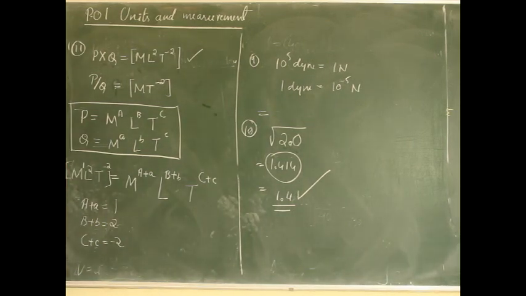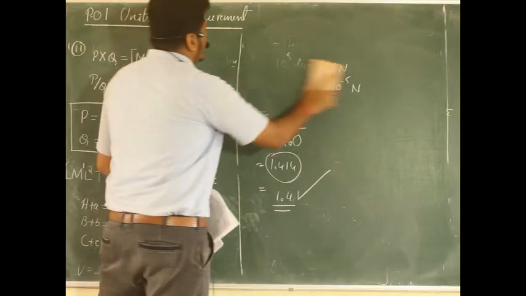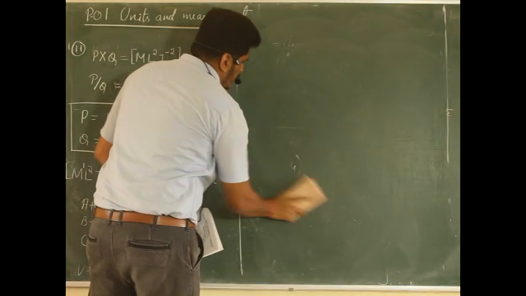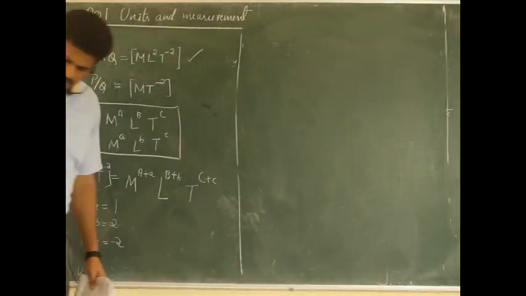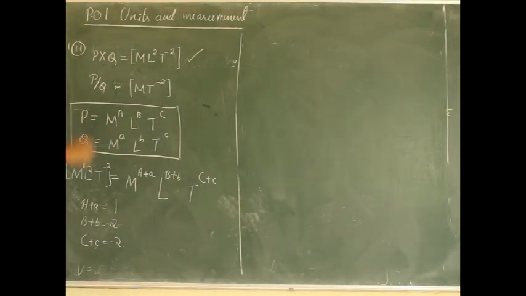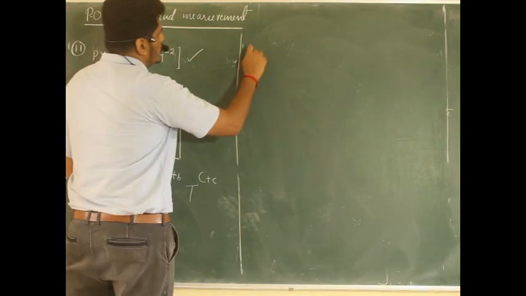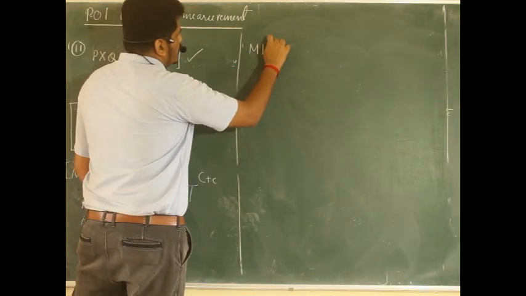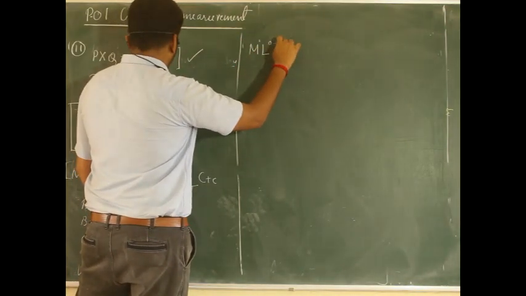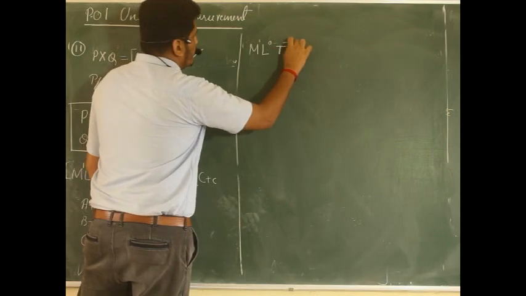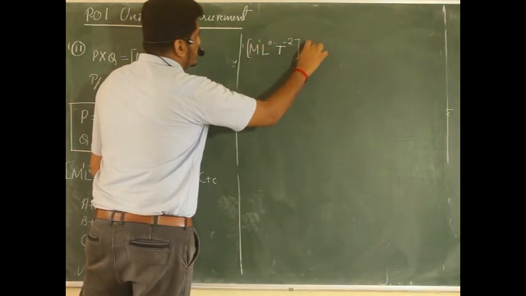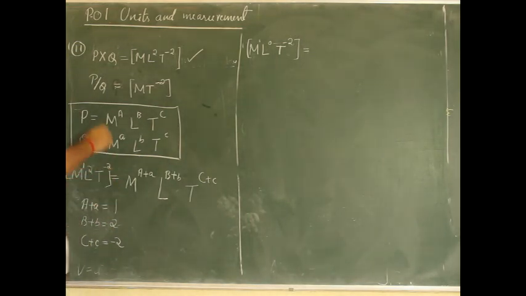One more operation is also remaining in the given data. What is that arithmetic operation? That is P by Q. So P by Q means, you can see here, I will write down in detail. This is division, P by Q, that means Q will be in the denominator.